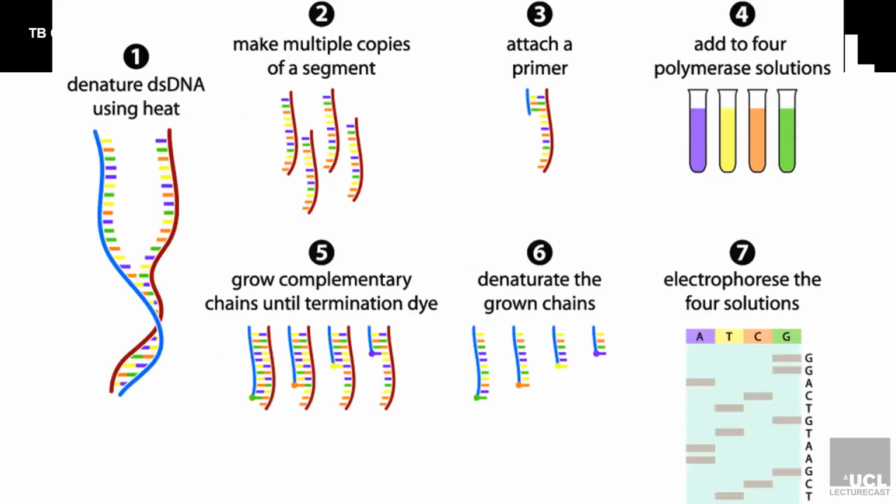So this is basically just showing exactly how, right? You run the reaction in 4 different tubes. In one you add ddA, the dideoxy nucleotide adenine, and then the guanine, cytosine, and so on.